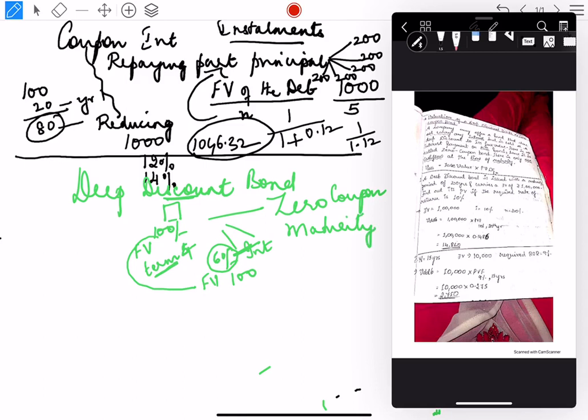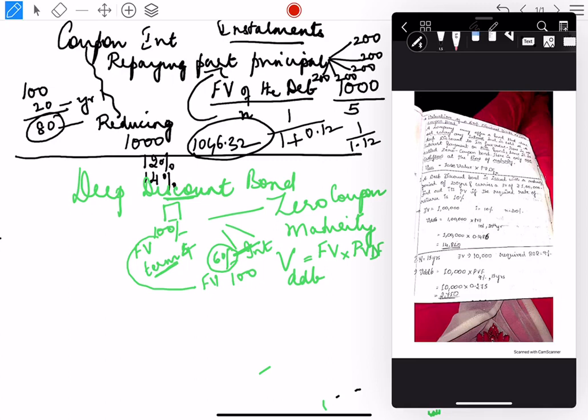So upon maturity, the investor will get back the face value. So in this case, the value of a deep discount bond is its face value into the appropriate present value discount factor. So let's work out a problem to understand the process.